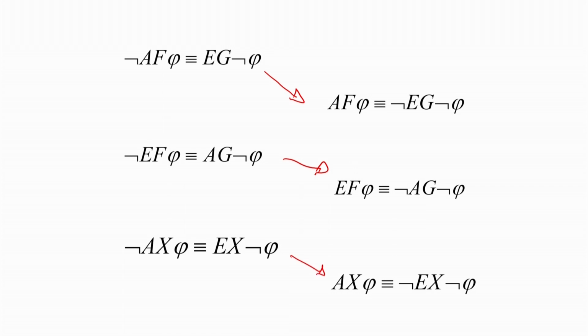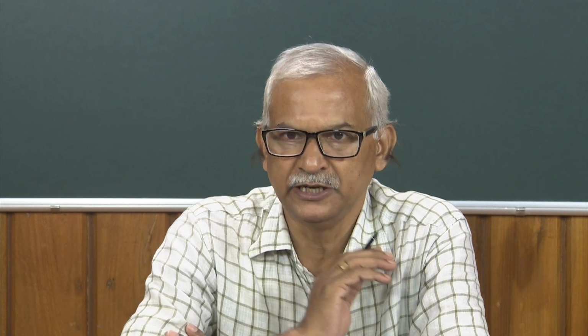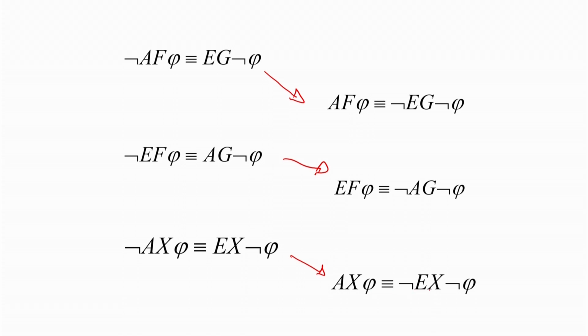By negating both sides, A X phi will be equivalent to not of E X not of phi. So, now we are getting 6 basic equivalence relationships.